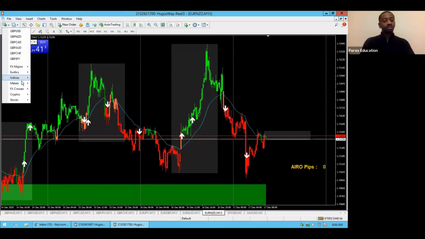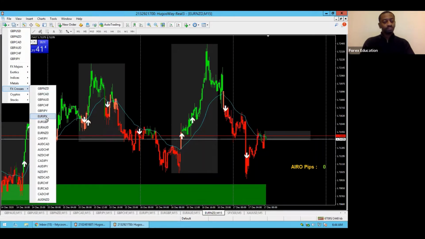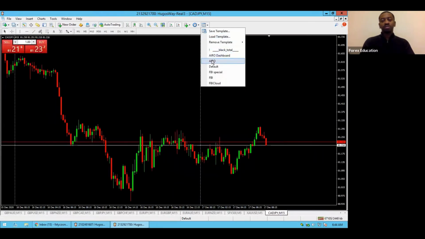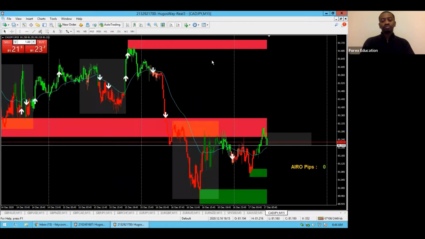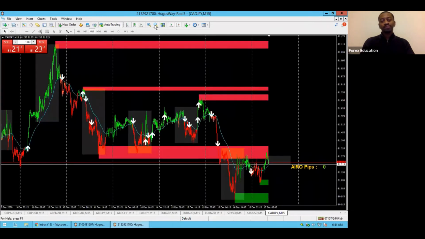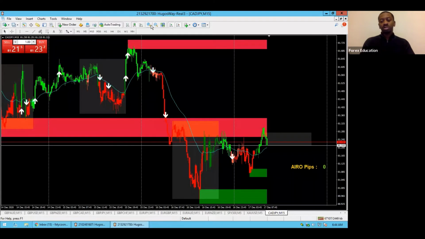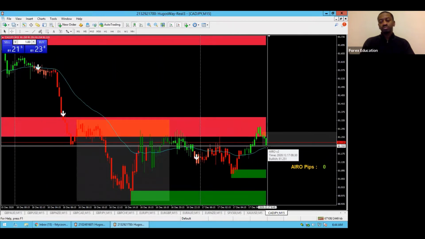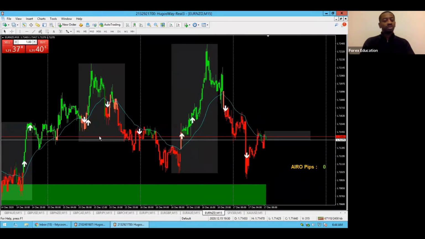Let's see here. Look at some of these JPYs. See what they're doing right now. Nice little downtrend there. Nothing really going on with that one.